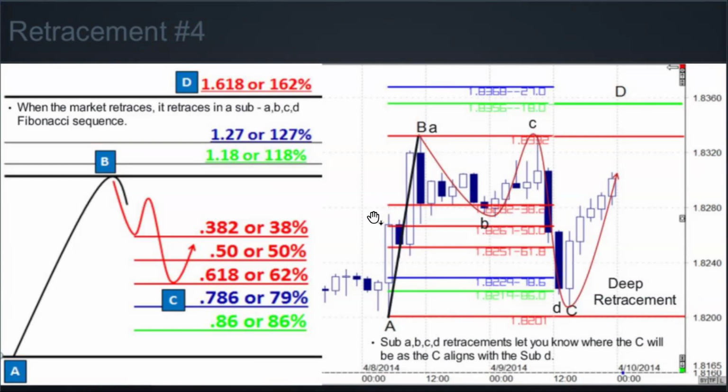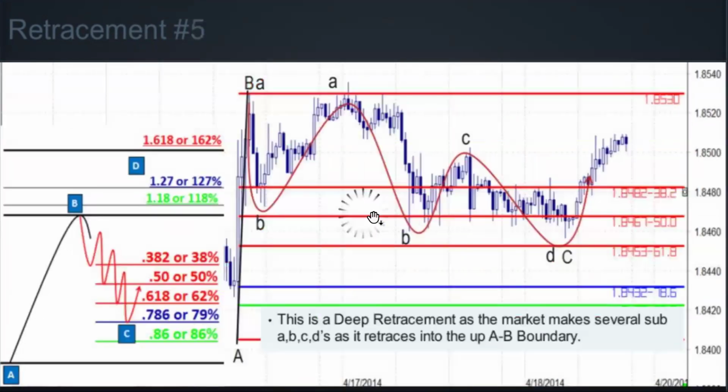Okay. Number 5. Number 5 is when the market will come back multiple times, as in creating multiple sub A, sub B, sub C, sub A, sub B, sub C, all the way to D until it gets to the main C. Okay? So this is an example.